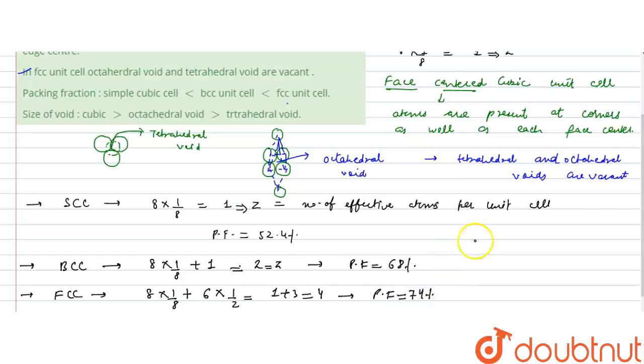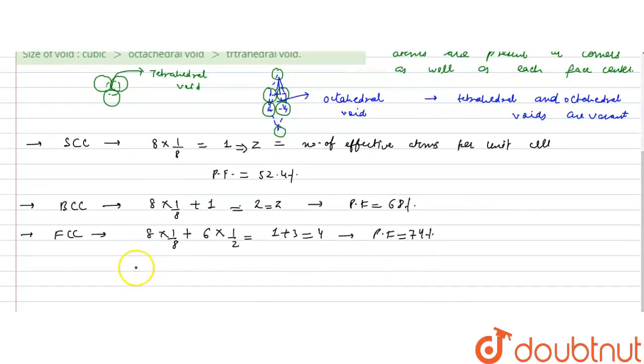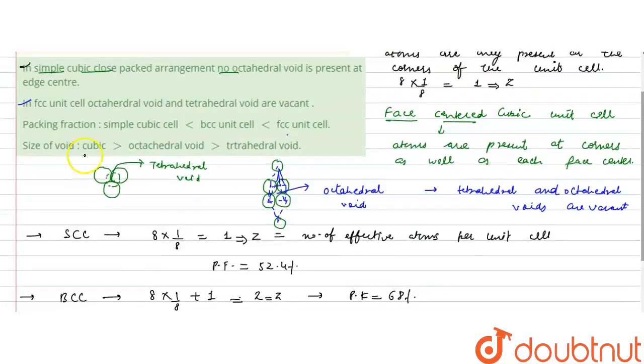It means the packing fraction is highest in the FCC unit cell, then in the BCC, and then in the SCC. So this is true. So this is also correct option. Last one is size of void is cubic, then octahedral, and then tetrahedral void.